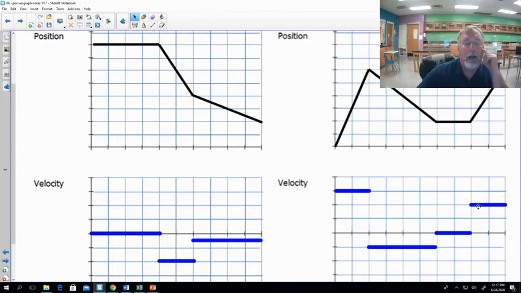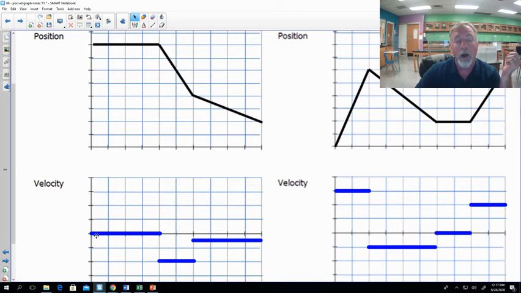Now, I haven't talked about this, but I'm going to lead into it soon. If you look at each segment here in our position graph, these are straight line segments. So what does that tell you? That means the slope is constant along each line. Well, if the slope is constant, that means the velocity is constant.